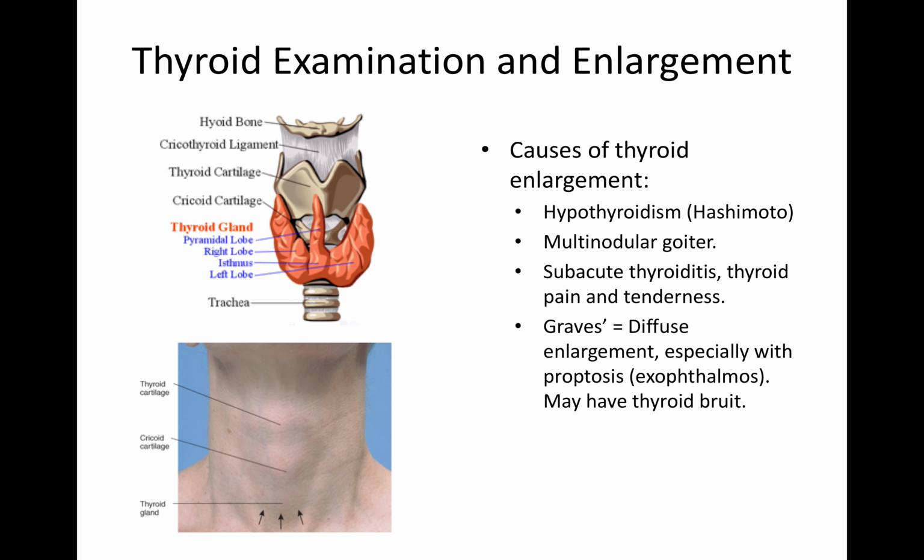Also, we have to think about Graves', which is autoimmune hyperthyroidism. Those patients have a diffusely enlarged thyroid gland, just diffusely enlarged, no lumps, non-tender, especially if someone has what we call proptosis or exophthalmos, which is a kind of bulging of the eyes caused by a deposition disease that is associated with Graves' disease.